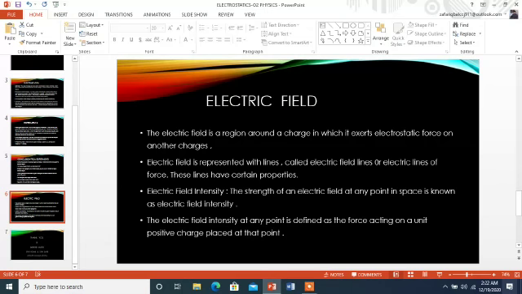Those objects which gain electrons acquire negative charge, and those materials which lose electrons get positive charge. So by the process of rubbing, a neutral insulator can be charged, and these electrons which migrated from one side to another reside on the surface of that object where they come.